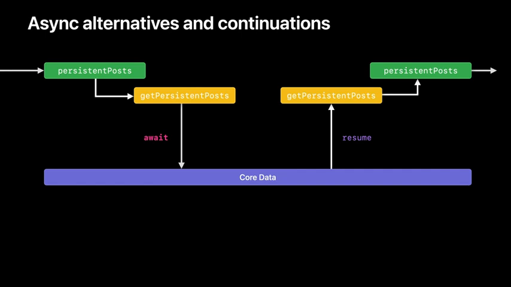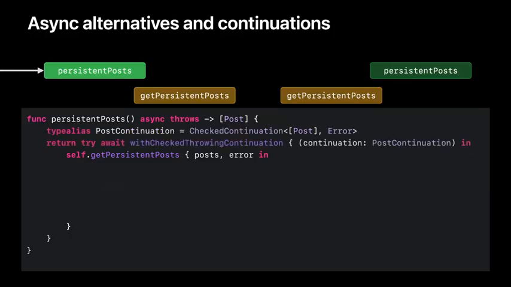To make this explicit, Swift provides a feature so that you can create, manage, and resume continuations in a high-level and safe way. Let's return to our example to see how continuations can help us finish writing our async alternative. The withCheckedThrowingContinuation function lifts completion blocks with errors up to throwing async Swift functions.